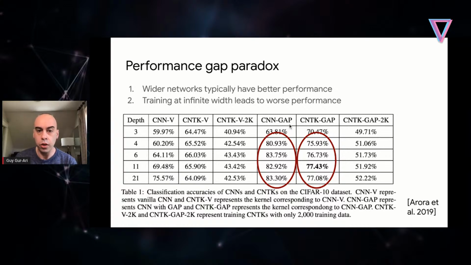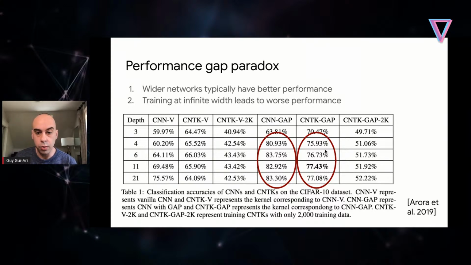That's not really important for this talk, but the main thing to note here are these two columns, CNN-GAP and CNTK-GAP. CNN-GAP is training an ordinary convolutional network on CIFAR-10, and CNTK-GAP is doing this trick of saying, let's take the CNN-GAP architecture, jump straight to infinite width, assume there's a linear model there, train that linear model and see what the performance is. So it's like the infinite width version of this network.